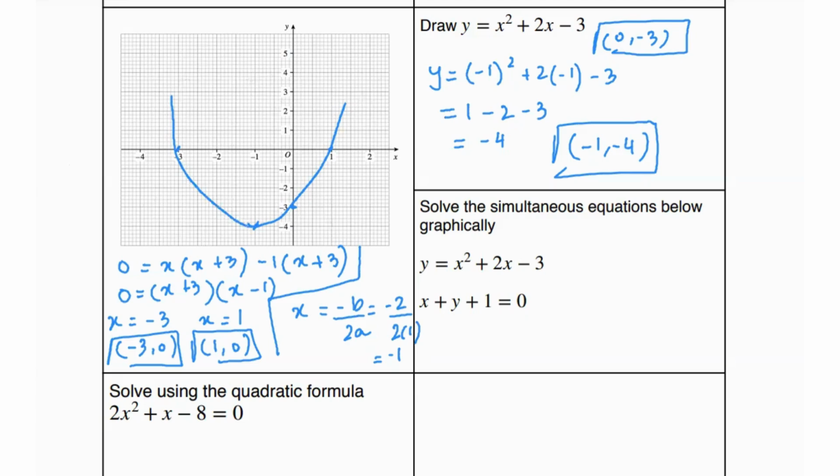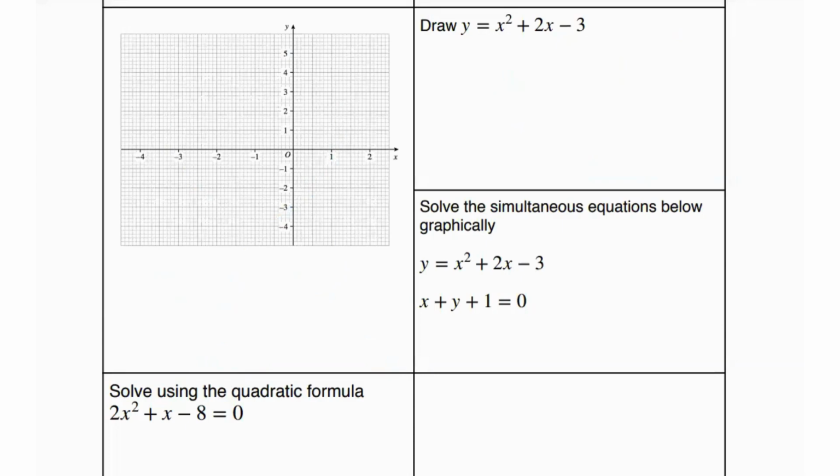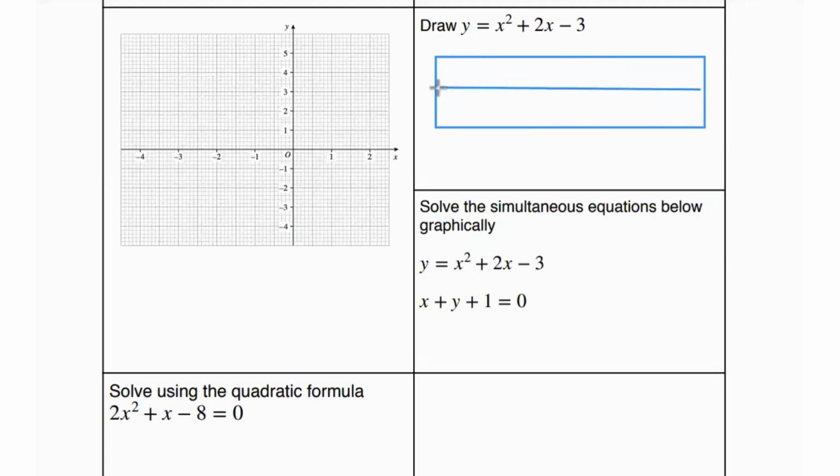Alternative method is to make a table of values. If we erase this, you can make a table of values like this, and assume a set of values for x. You can begin with, like I said, -4, -3, -2, -1, 0, then 1, 2, 3.